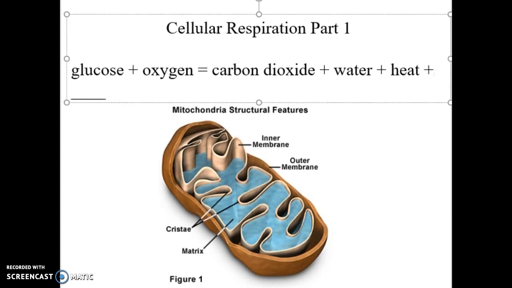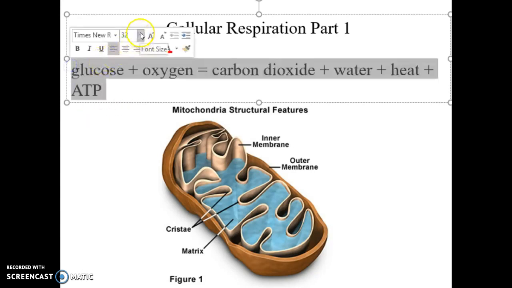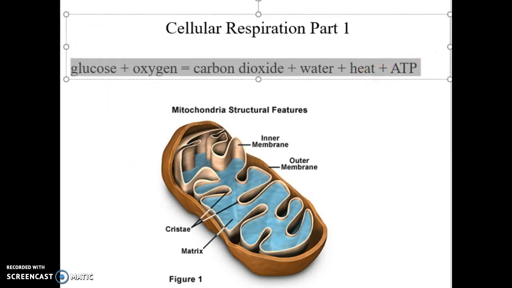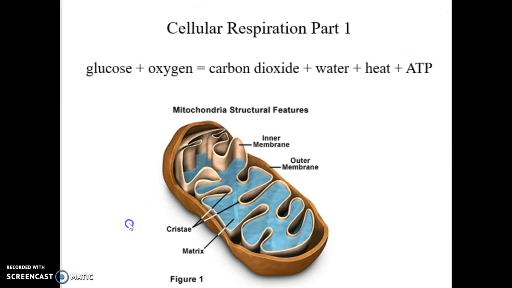Anytime you convert energy, you produce heat. So glucose is getting converted, and then ATP. Let me change the font so it's all in one line for us here. Okay, so that's what's going in, and that's what's coming out of cells, or mitochondria specifically, when they go through cellular respiration.